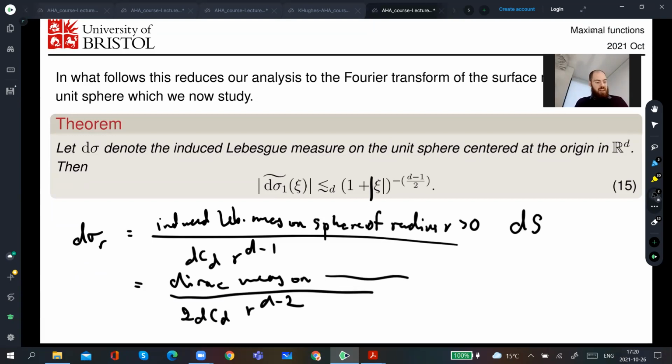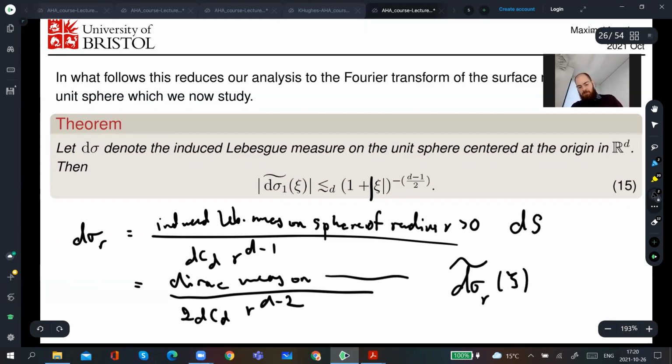Now, given any one of these, there's a nice relation in terms of the Fourier transform description of the delta measure, which tells you that the Fourier transform of d sigma r at xi is going to be the Fourier transform of d sigma 1 at r xi.